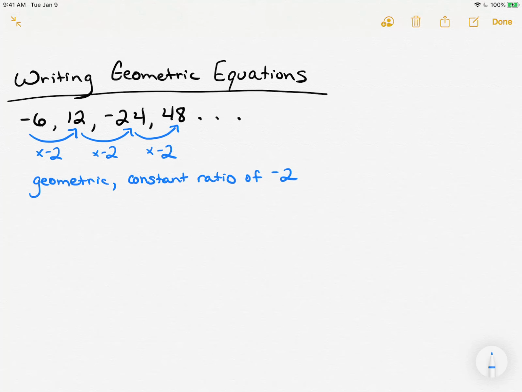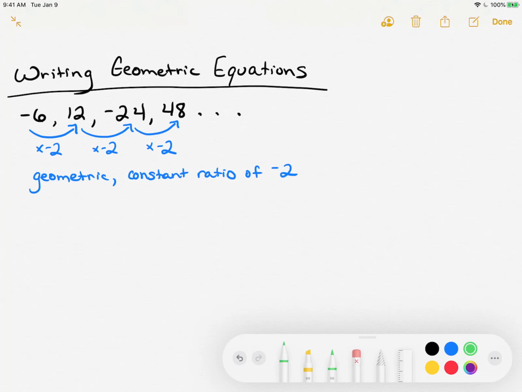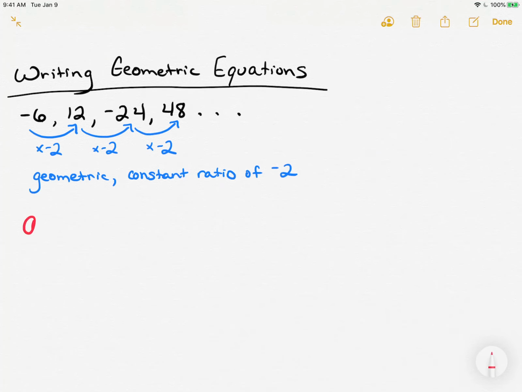So the formula for how to write this is going to look extremely familiar to you. Extremely familiar because I've shown you something similar before. So I'm going to do a little bit of a weird notation. It's going to look a little unusual.